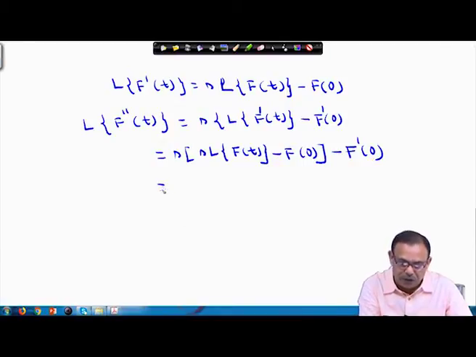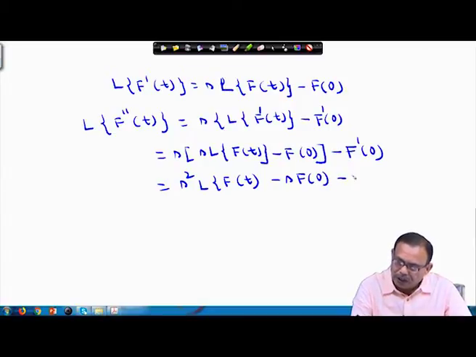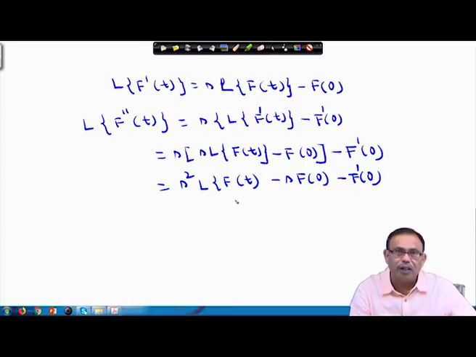So, this is s square into Laplace transform of f t minus s f 0 minus f dash 0. So, Laplace transform of f double dash t is s square Laplace transform of f t minus s f 0 minus f dash 0.